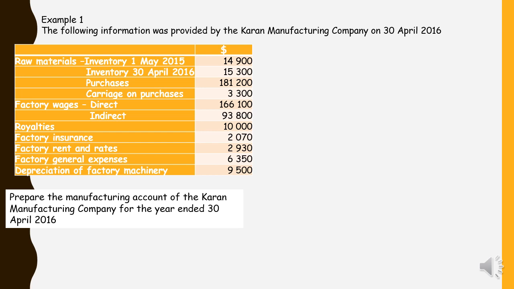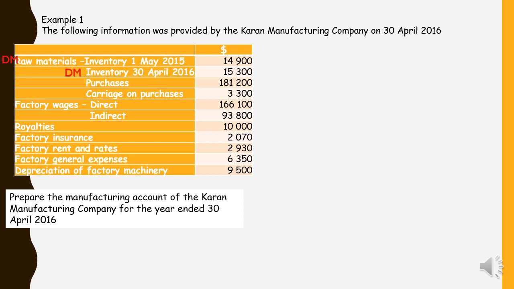First direct material, I will label as DM. Direct expenses is DE. Direct wages, DL or DW also can. The last one is FO. The first one, raw material opening inventory, we will label as related to direct material, so DM. Closing inventory also DM.